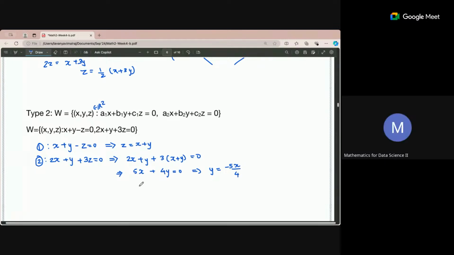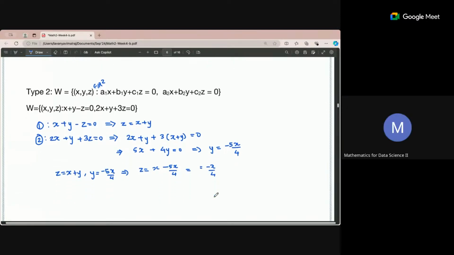Now z is equal to x plus y, and y is minus 5x by 4, so z is x minus 5x by 4, which is minus x by 4. So your W reduces to x, minus 5x by 4, minus x by 4.